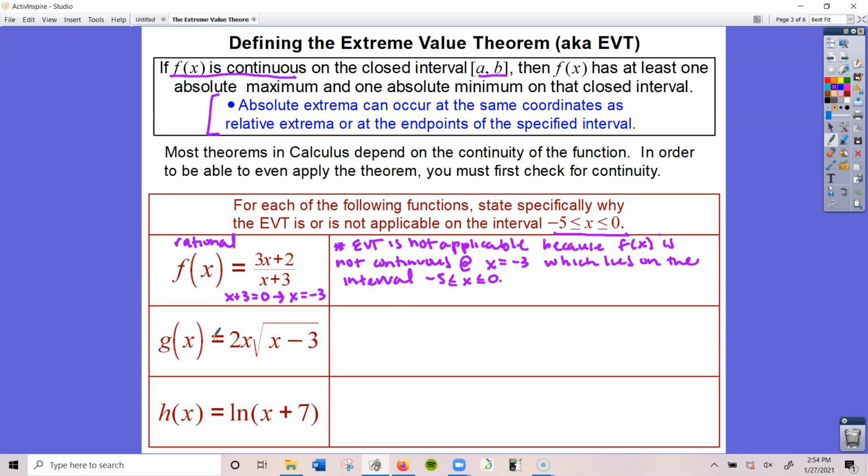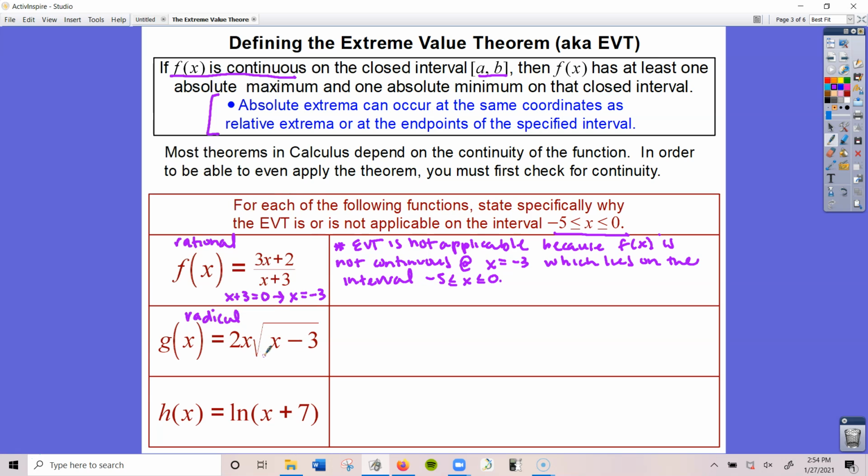Next, we have g of x is equal to 2x square root of x minus 3. This is a radical function. And if you remember, anytime you have a square root, you can never have a negative inside of a square root, because if you do, that means that we would have the imaginary unit. So when you're trying to figure out where this function is continuous, whatever is inside of the radical has to be a positive number, or at least 0.